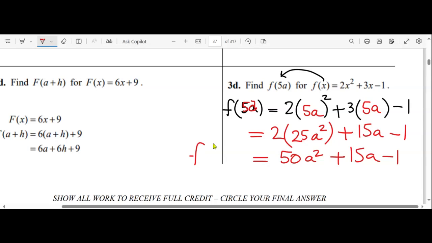That's your final answer. There are no like terms. Clear?